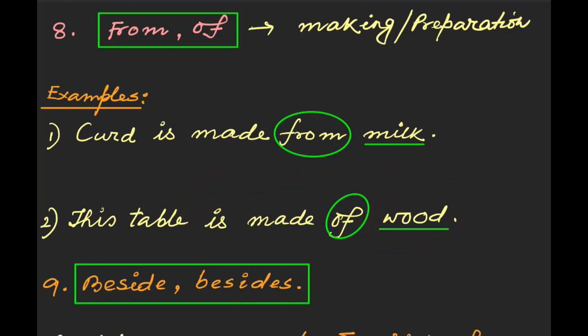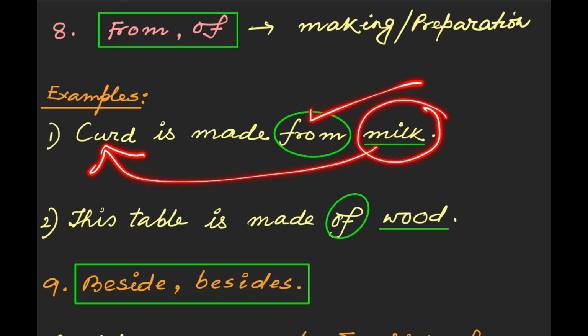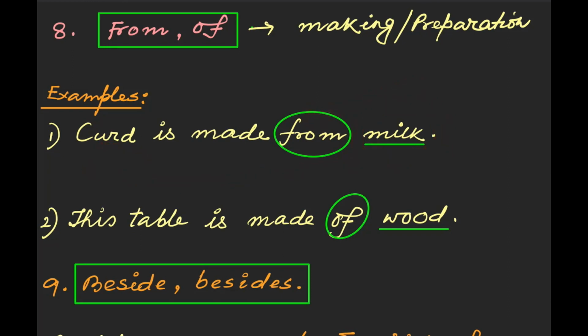So it is said, when the material loses its original state into the next state, from is used. And when the original state of a material is not lost, of is used before it. So your first example is curd is made from milk and this table is made of wood.